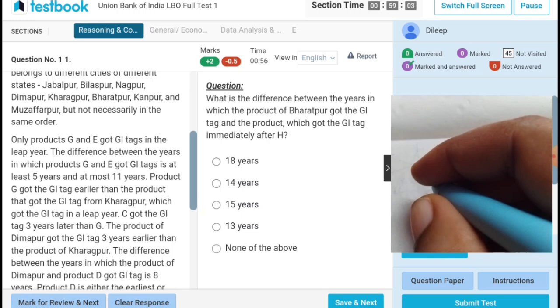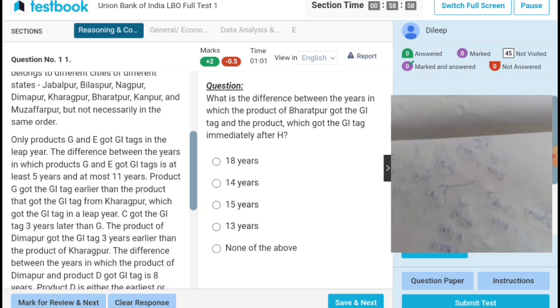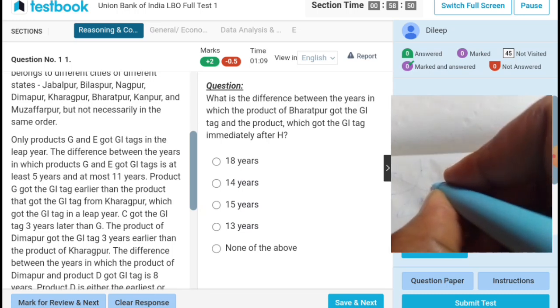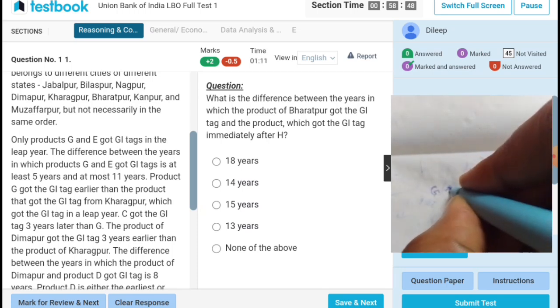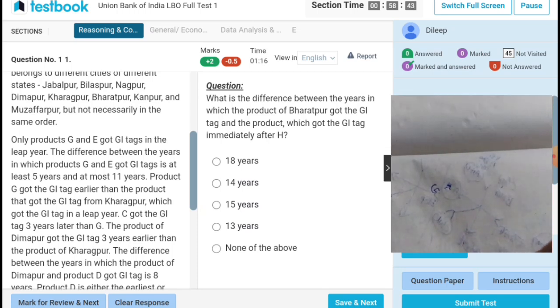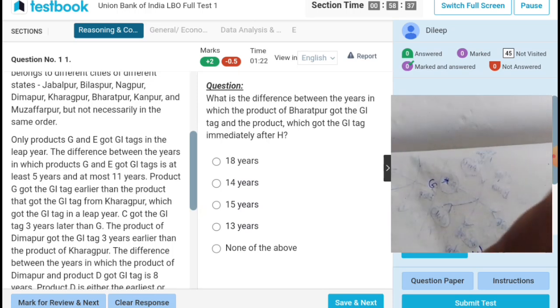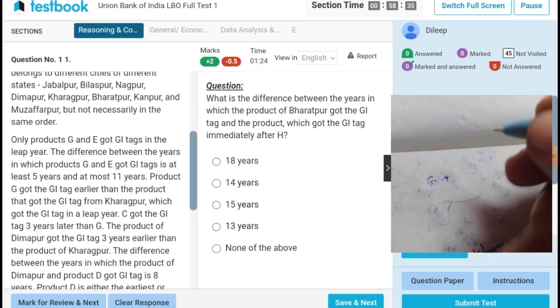The product with the GA tag is earlier than the product that got GA from Kharagpur, which is a leap year. The product G got the GA tag earlier than the product from Kharagpur, which got the GA tag in, I think this is E, because only products G and E got tags in a leap year.